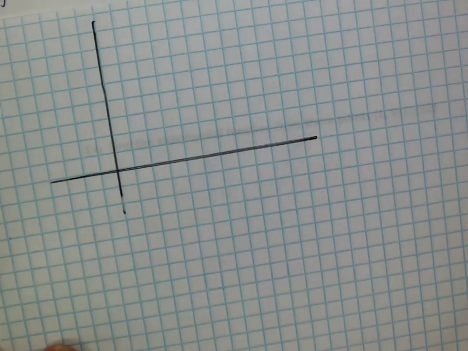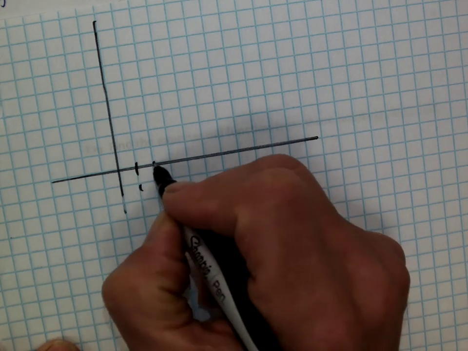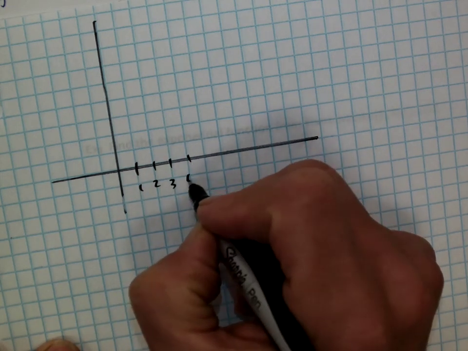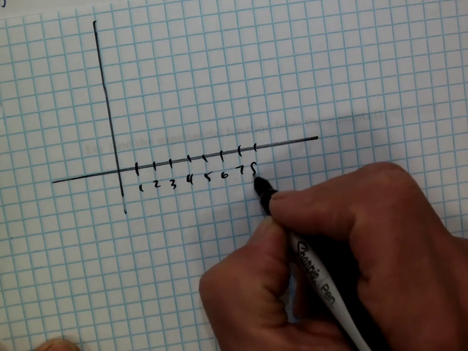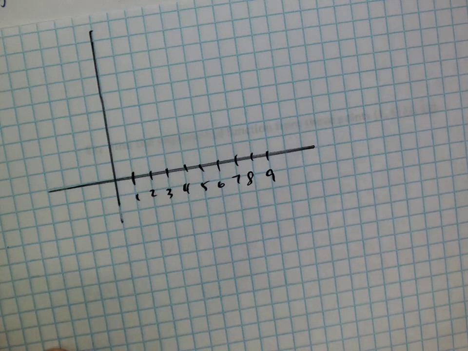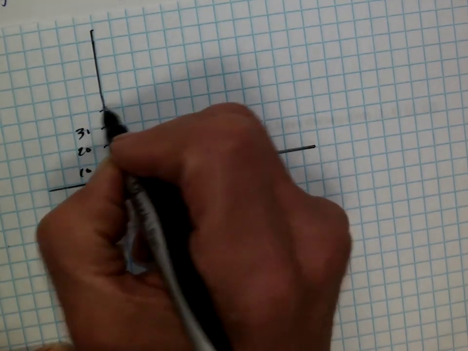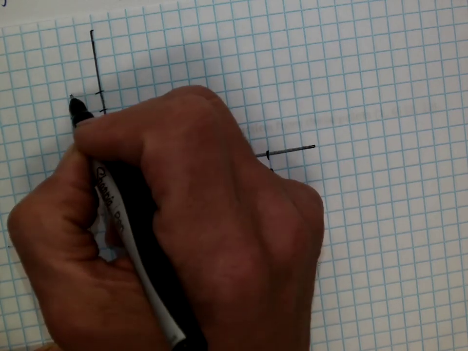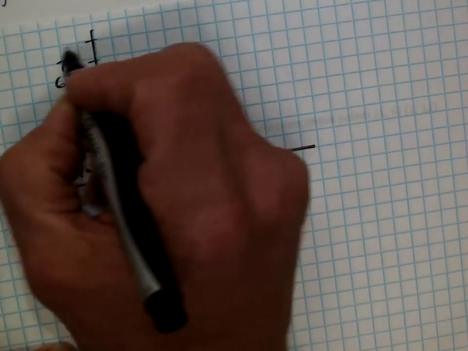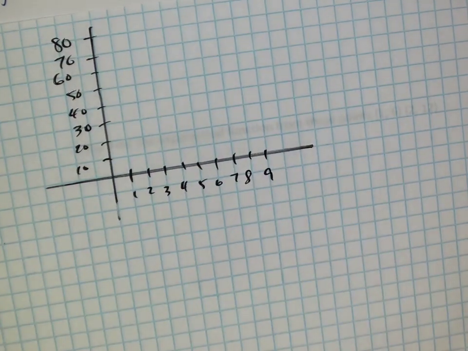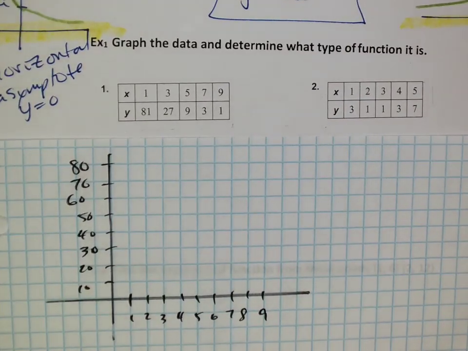If I go by 2s, I can go by 1s: 1, 2, 3, 4, 5, 6, 7, 8, 9, and probably go by 10s: 10, 20, 30, 40, 50, 60, 70, and 80. I'm just going to do a real quick scatter plot. Let me shift this down so you can see my data.